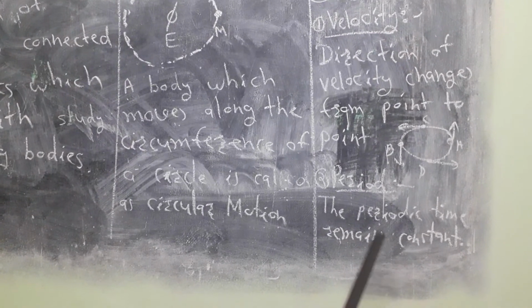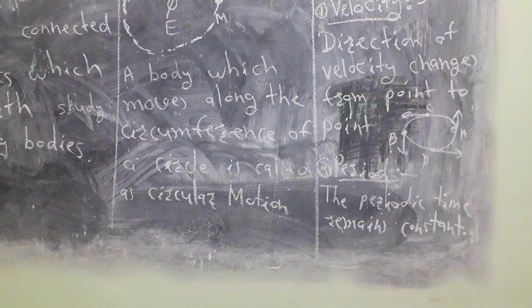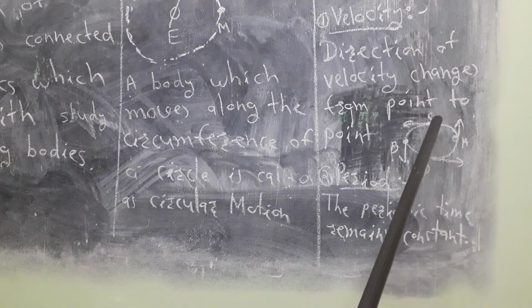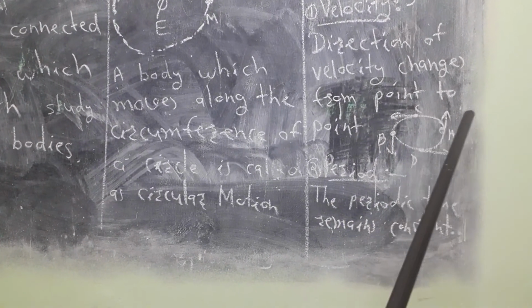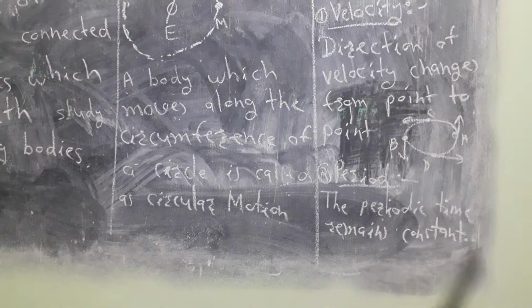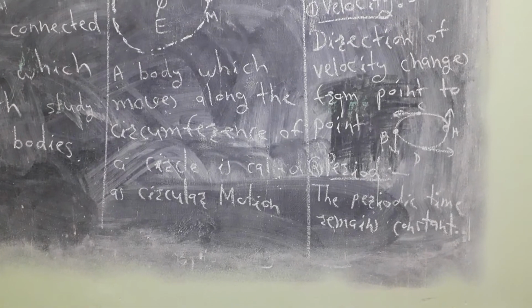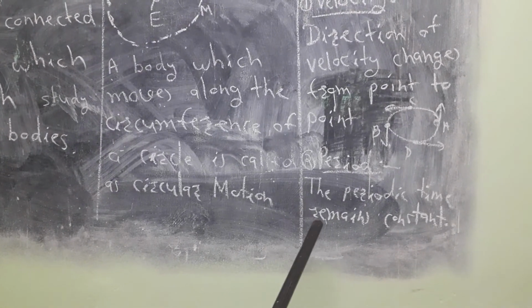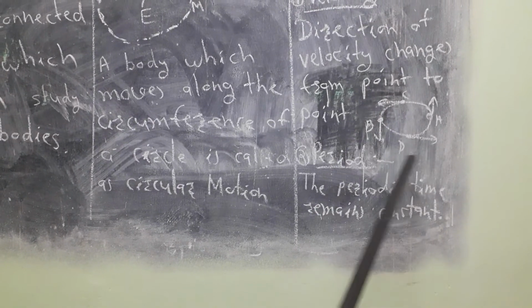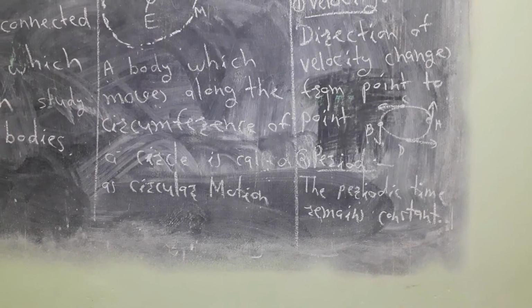We have seen the concept of period last year in the previous standard. The time required to complete one oscillation, one revolution, one vibration, or one circulation is called period. So in case of circular motion, this period, the time required to complete one circulation, remains constant.